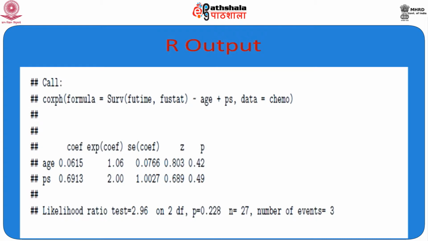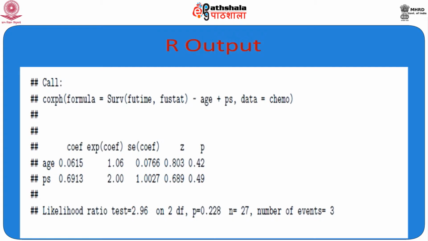So it shows that none of these two covariates we have considered in this data is influencing the outcome here. None of the variables we have considered here is positively or negatively associated with the status of these patients.